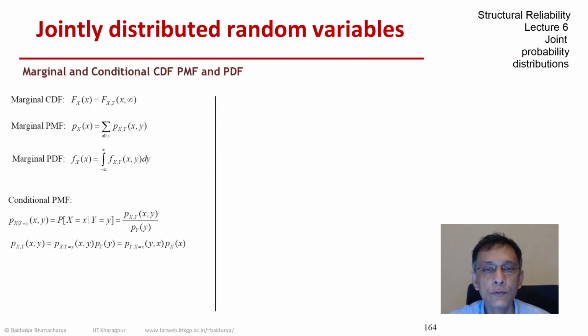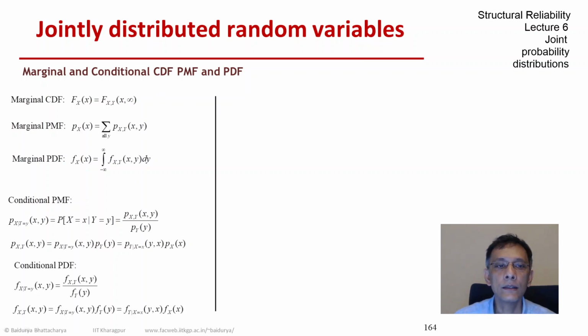Just as we did in the case of P of A intersection B, we could describe the joint mass function as the product of the marginal and one of the conditionals. So P of x comma y would be P of x given y times P of y at the appropriate arguments.